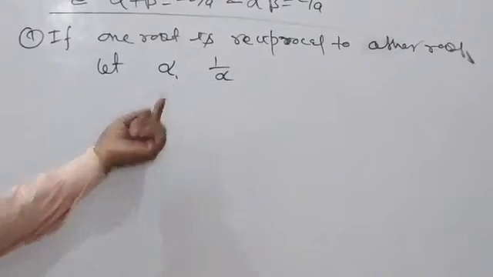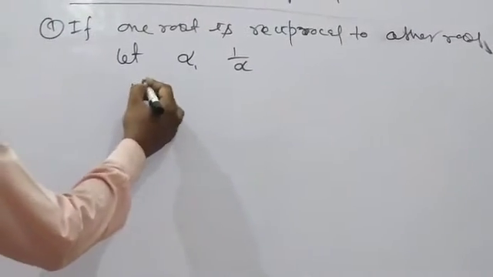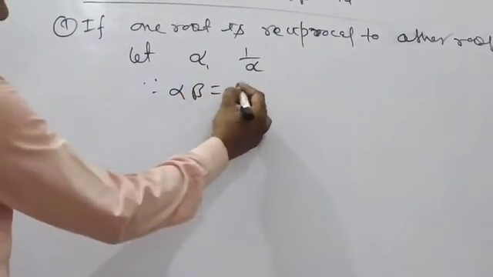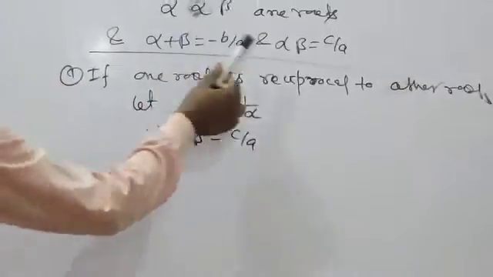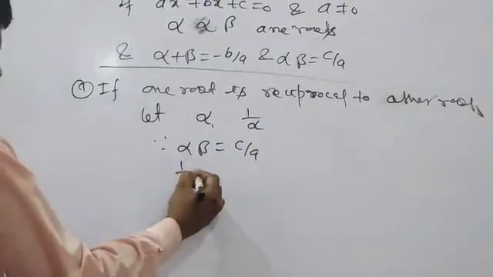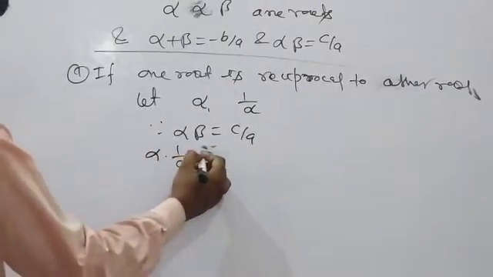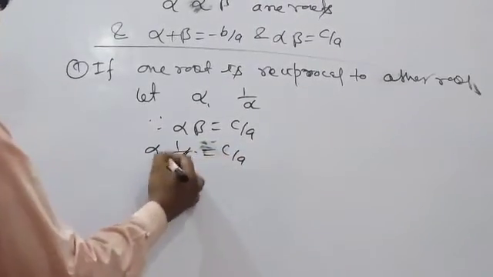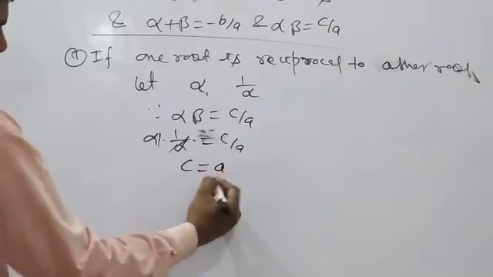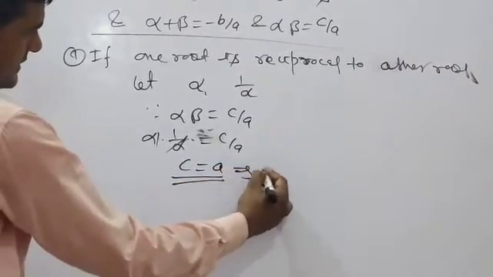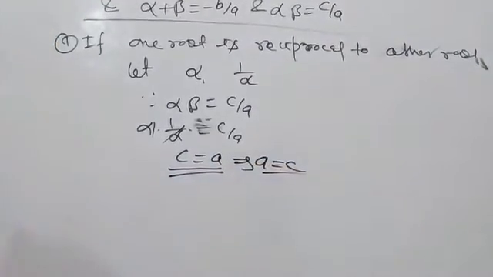Since alpha into beta is equal to c by a, then 1 by alpha into alpha is equal to c by a. Cancel here, then c is equal to a, or a is equal to c. This is the condition.